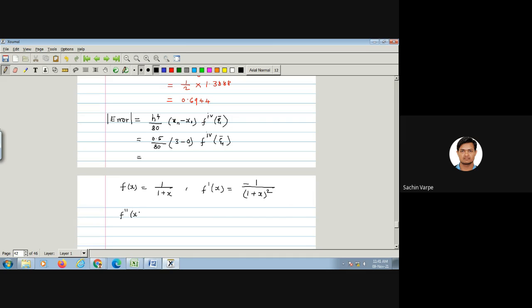F double dash of x is 1 upon 1 plus x, sorry, 2 upon 1 plus x. Actually, the derivative is 2 into 1 plus x upon 1 plus x raised to 4. One bracket will get cancelled, it will be 3. Right?